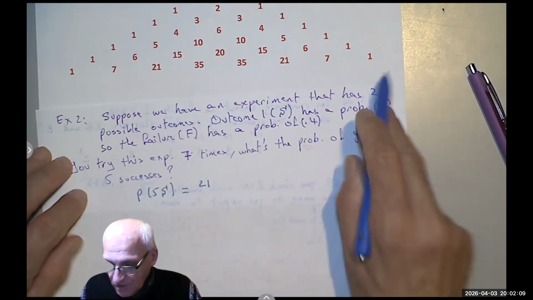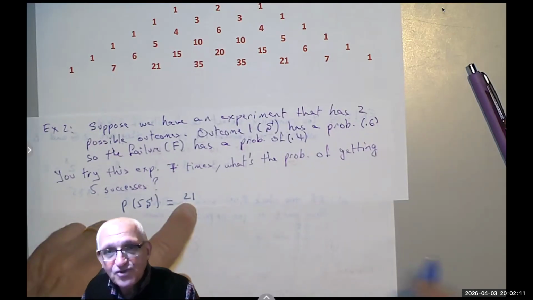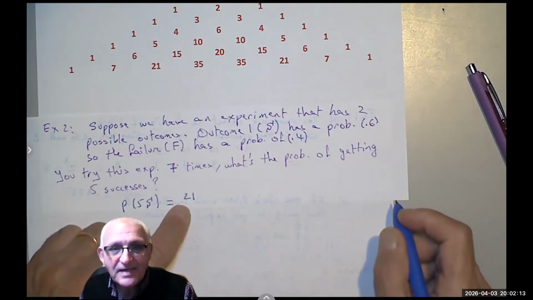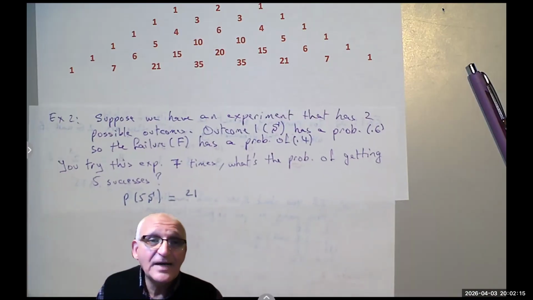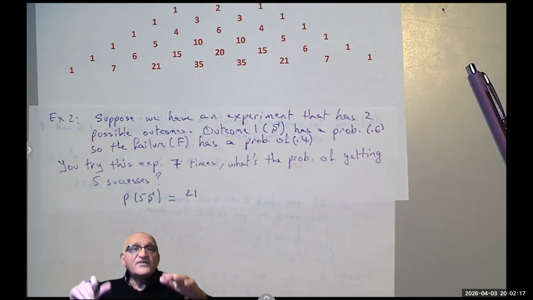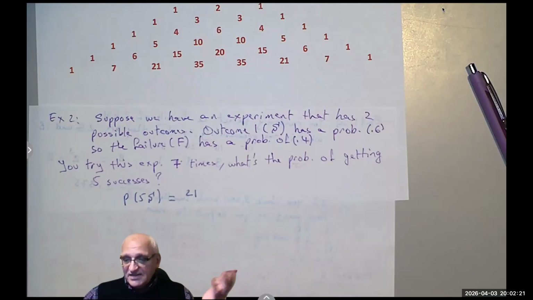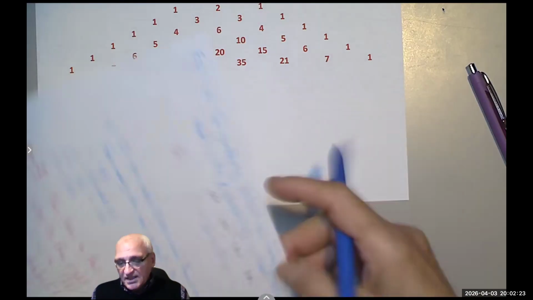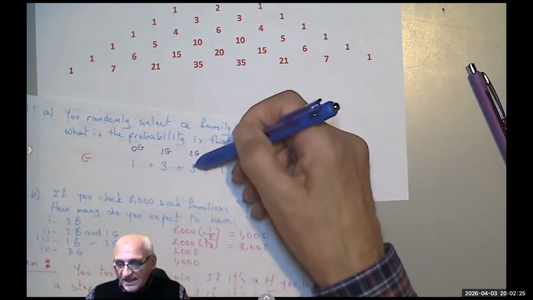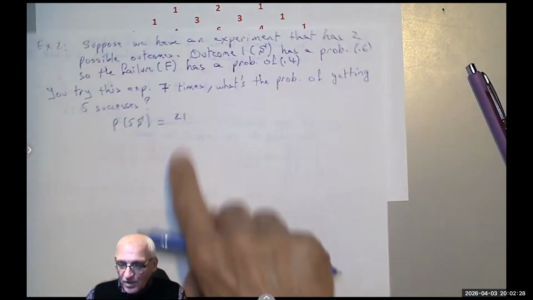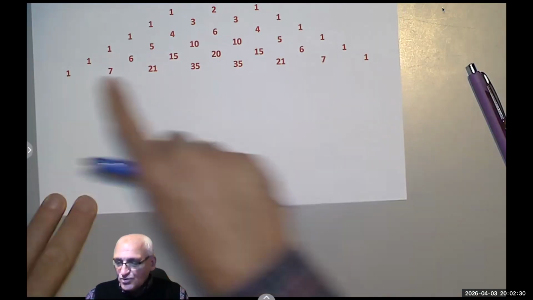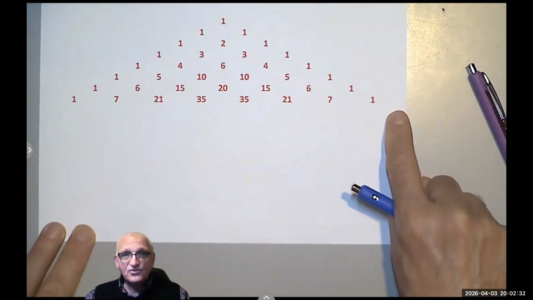Notice that I'm not going to divide by 128. I would have divided by 128 if the likelihood was 50-50, in which case 0.5 and 0.5, the answer would be like the previous example. I take the number 3 and divide it by 8. I take the 21 and divide it by the sum, which we said is 2 to the 7, or 128.